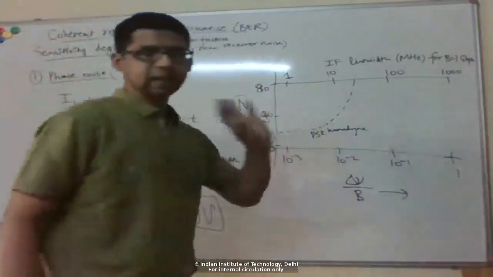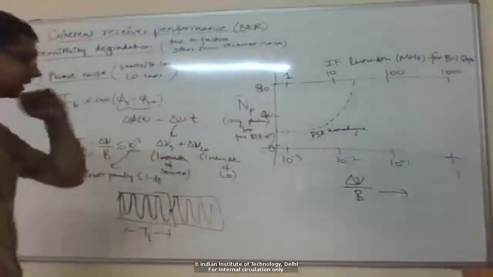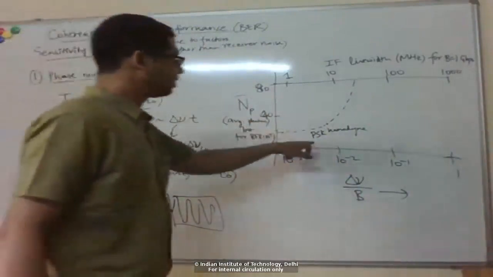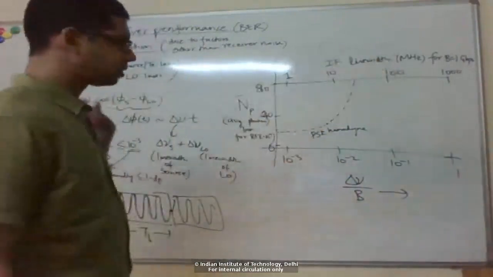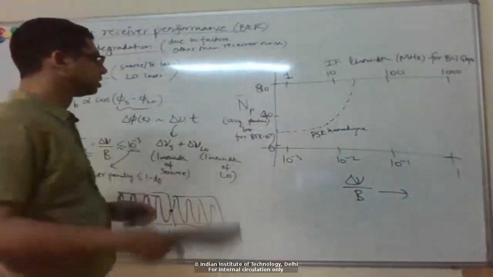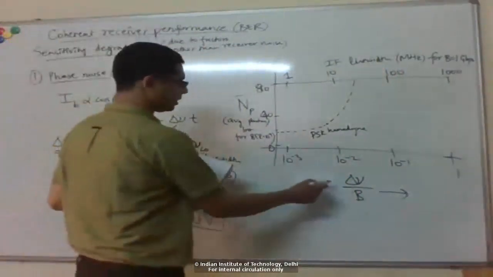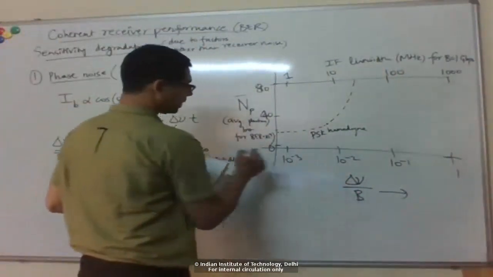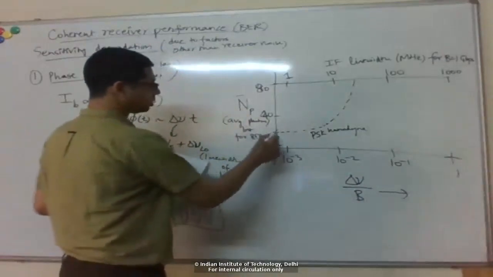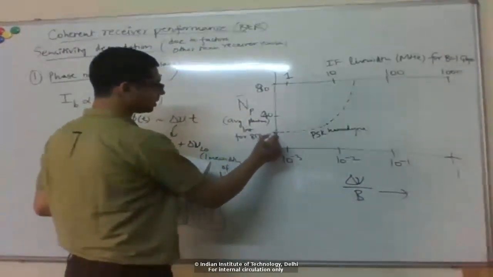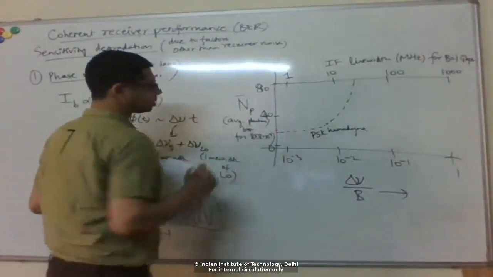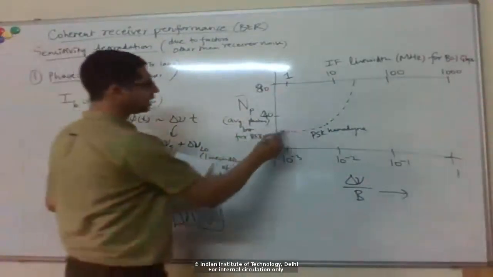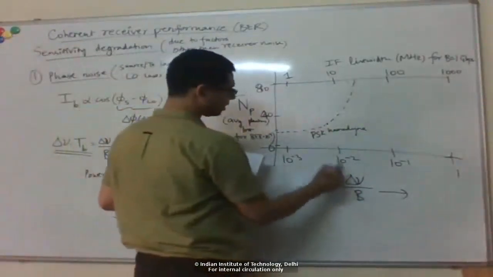And PSK homodyne is absolute PSK, it's not the differential PSK, which means we need very good phase stability, right? Absolute phase stability over many bits. So you can see that when your line width is much smaller than the bit rate, then it's very good. Okay, so here is starting from this number 18 that we had. But then very quickly it starts rising with increasing line width.